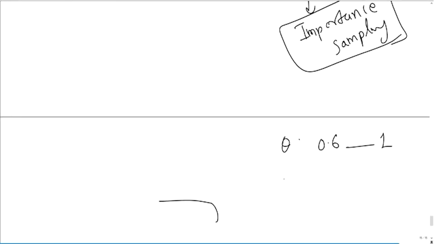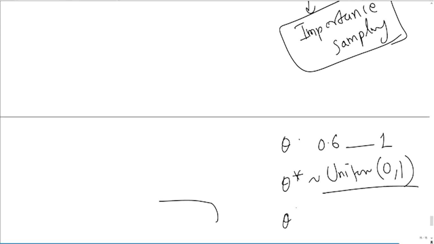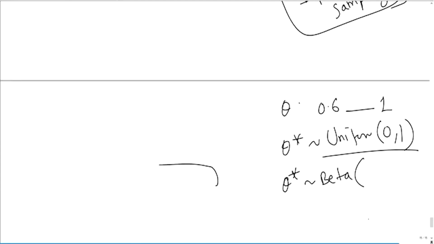In grid approximation, you sample proposals from uniform(0, 1). But what if, rather than sampling from uniform(0, 1), I sample theta star from, let's say, beta(2, 2)? It is still covering all the values between 0 and 1, but it will give you more values closer to 0.5 and fewer values from the boundary, near 0 and 1, because those are not going to be very likely values of theta star.